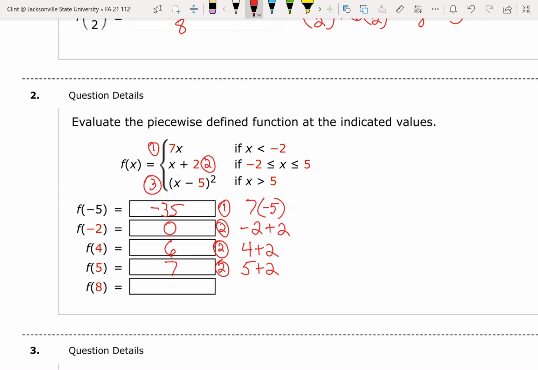And 8 will finally be option number 3 because 8 is bigger than 5, so we do 8 minus 5 squared. You need to know how to use a piecewise function.